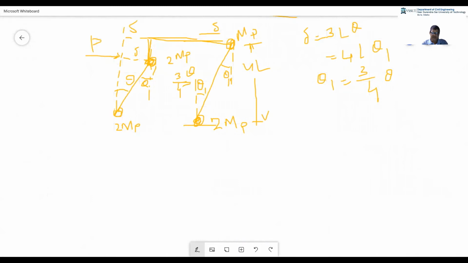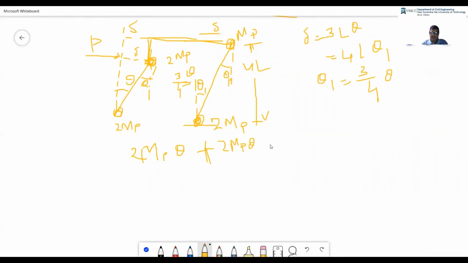This is the case. Now what is the internal work done? Internal work will be 2 MP theta plus 2 MP into theta plus 2 MP into theta. Then here MP into theta 1. Theta 1 means 3 by 4 theta, right? 3 by 4 theta, and here again 2 MP into 3 by 4 theta.